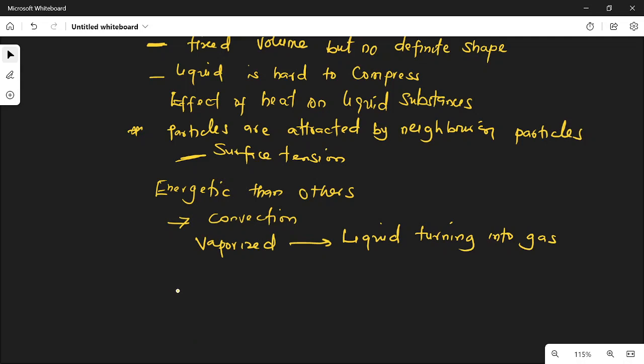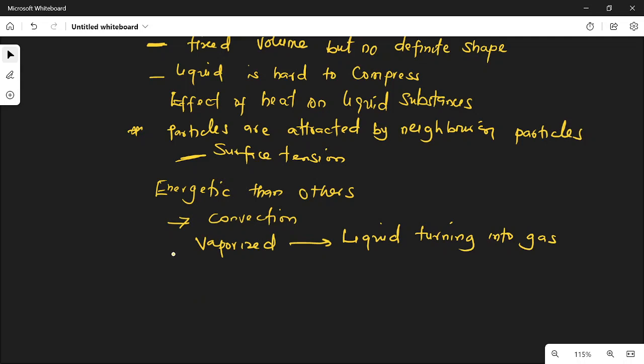If you get there after a few hours, you will not find anything in the kettle. Where did the molecules of liquid go? They have turned into gas, into vapor. Why? Because they have acquired more kinetic energy as a result of the heat energy being applied on them, and as a result, they break away into the space above and turn into gas directly.